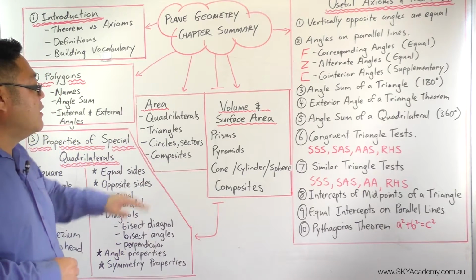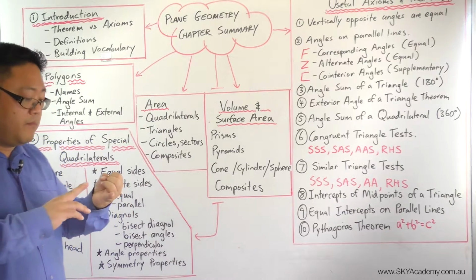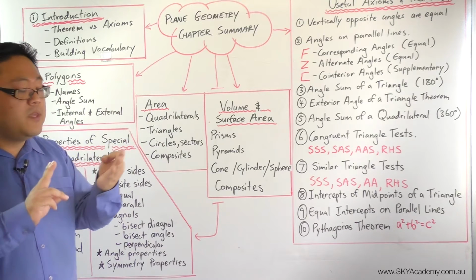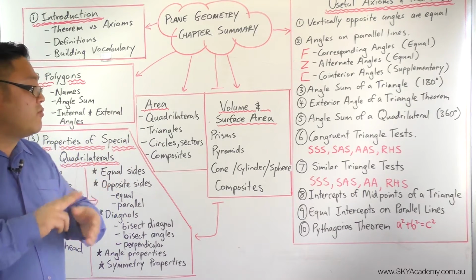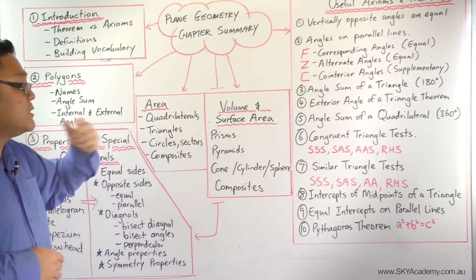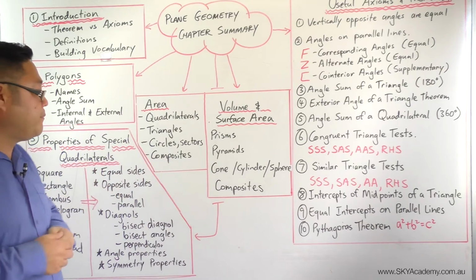So for example, for quadrilaterals, we worked out the area of squares, rectangles, trapezia, parallelograms and rhombuses. For triangles, it is half base times height, so that applies to all triangles. Circles, the area would be pi r squared.